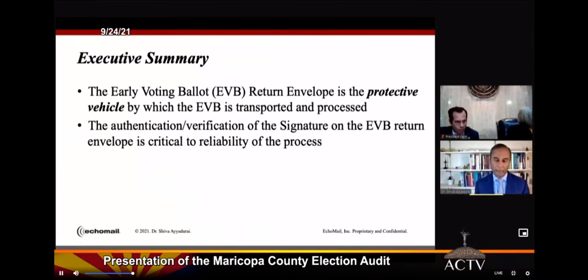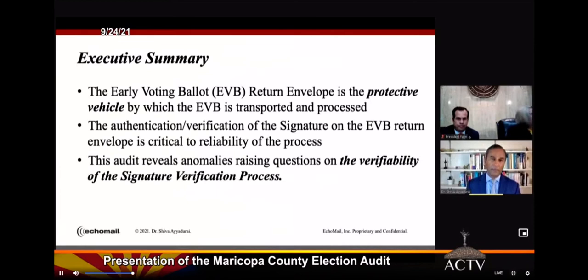And the authentication, the verification of the signature on the EVB return envelope is critical to reliability of the entire process. And our audit reveals anomalies, raising questions on the verifiability of the signature verification process.